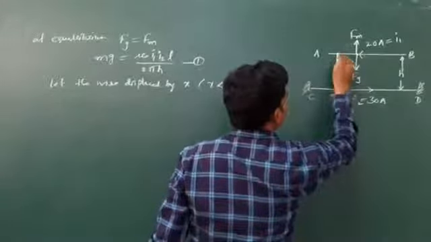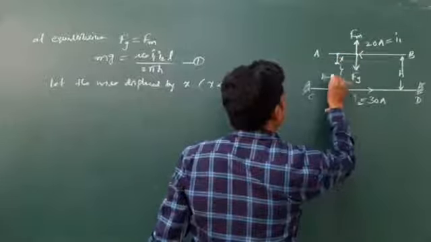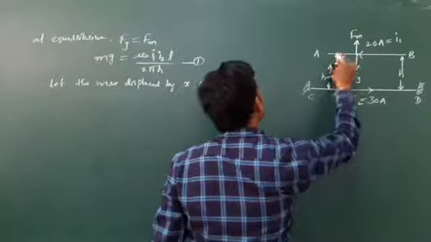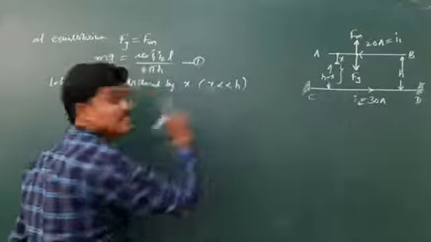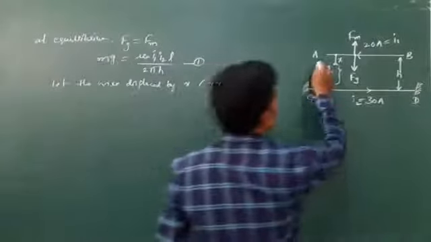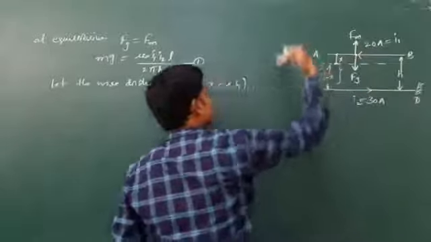If it is displaced by x, then the remaining gap is h minus x. Keep in mind x is less than h, a very small displacement. Now the wire will move up and down and execute some oscillations.